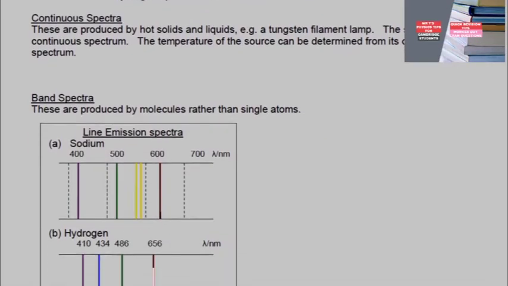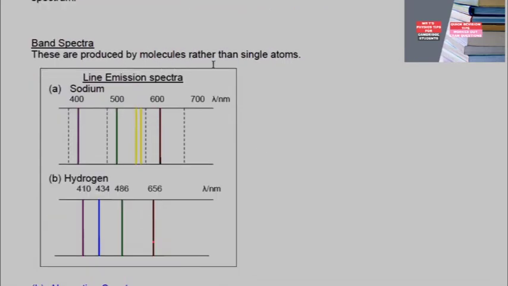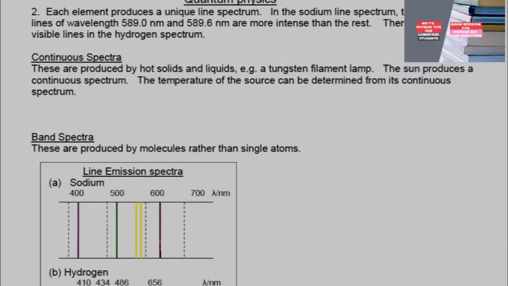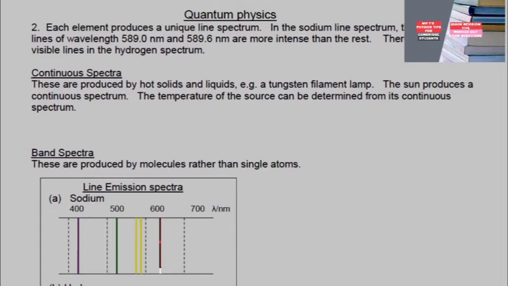Right, so band spectra are produced by molecules rather than single atoms. So three things that you need to tell apart. The continuous spectrum, remember I said continuous spectrum mostly from solids and liquids. And then we have line spectra which come from gases. We can have line spectra from gases when we use the diffraction grating that we talked about.